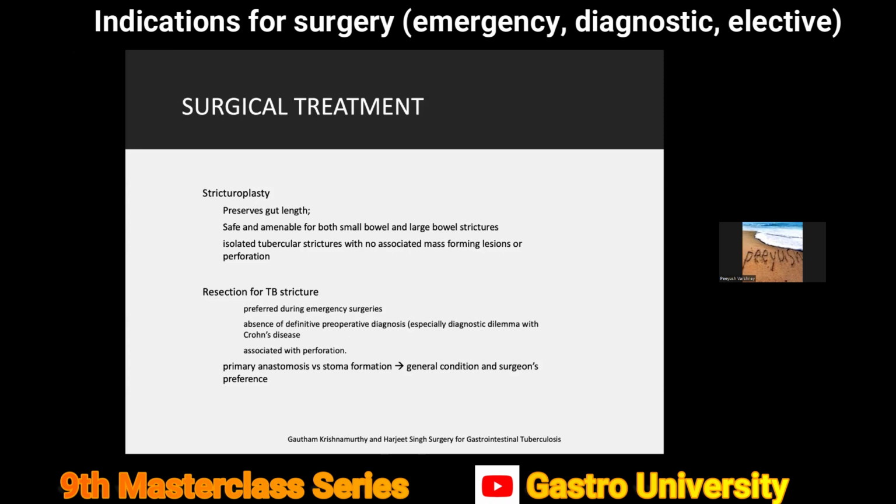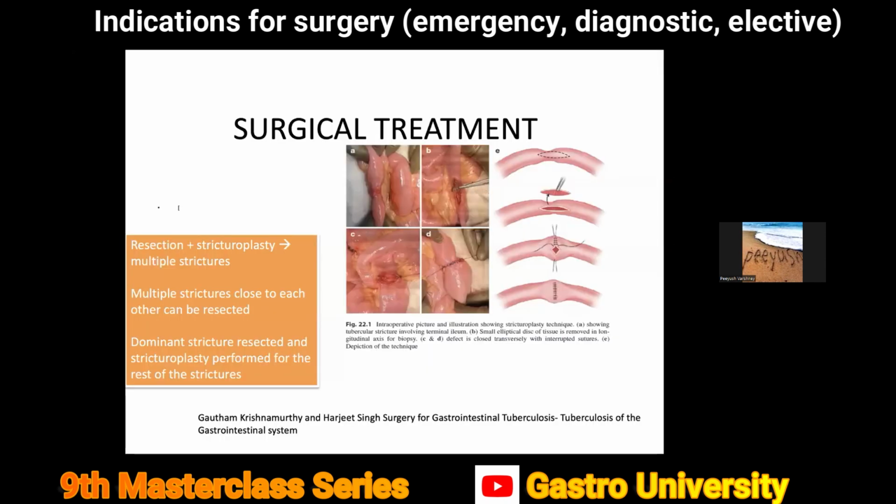Stricturoplasty is safe and applicable for both small and large bowel strictures. It preserves the gut length, and is used for an isolated tubercular stricture with no associated mass-forming lesions or perforation. Resection is preferred during emergency surgeries or in the absence of a definitive diagnosis, like in Crohn's disease, or when it is associated with perforation. Considering primary anastomosis versus stoma formation, it depends upon the general condition and other parameters and the experience of the surgeon.